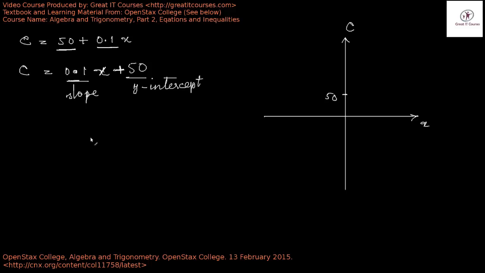So the slope of my function is actually 1 divided by 10, and as we discussed, this is your rise and this is your run. And what that basically means here is that for every 10 units of run in the x-axis, you're going to rise 1 unit in the y-axis.